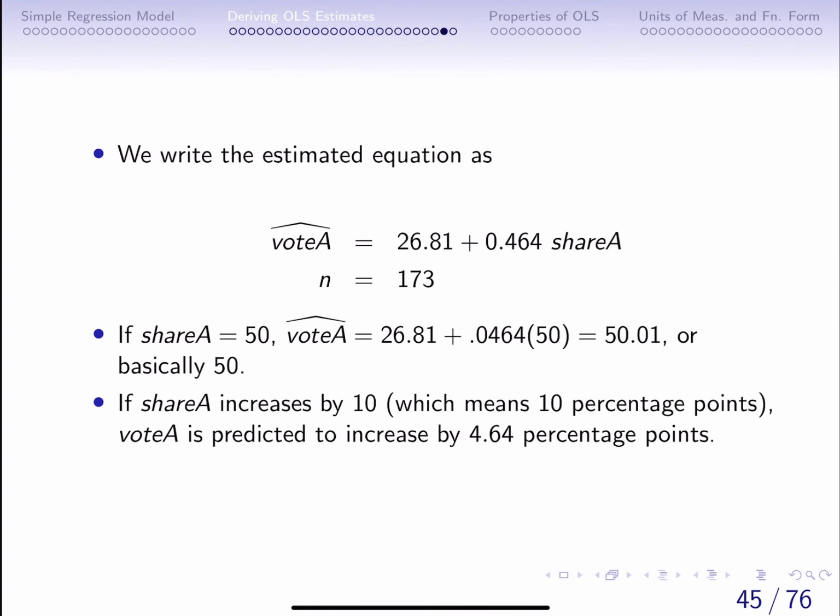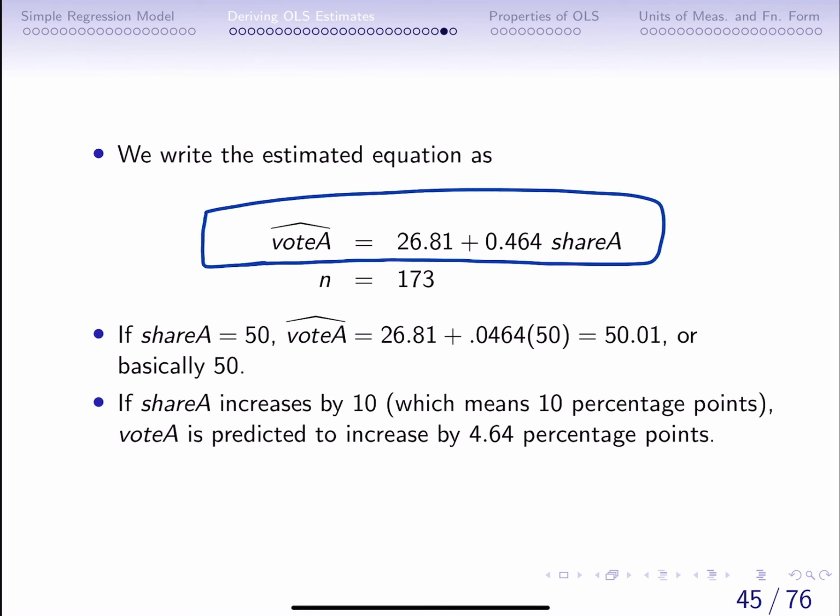So if you want, you can also run this regression. Basically what we get here is a sample regression function, which says that the predicted voteA equals 26.81 plus 0.464 shareA. And here we have 173 observations.